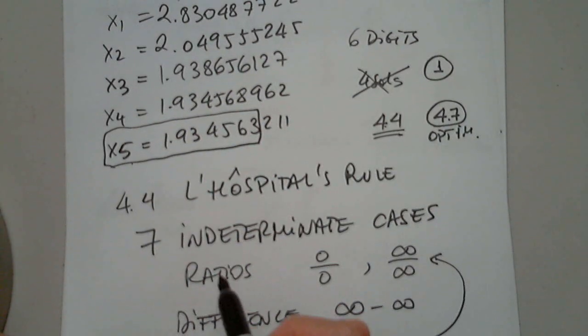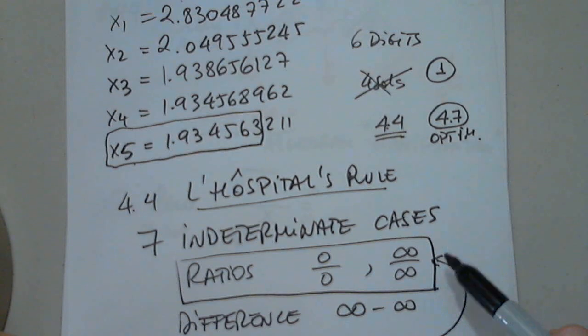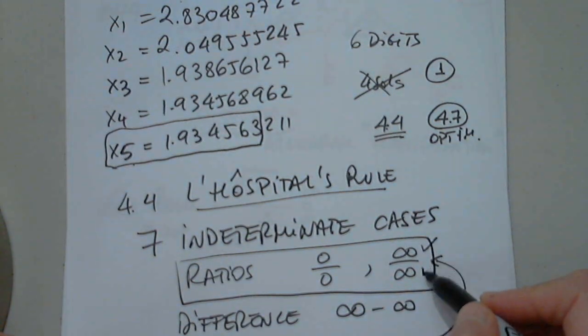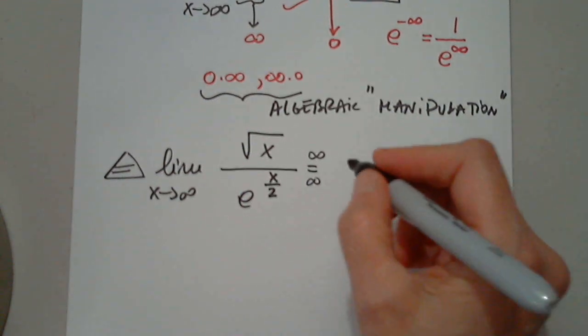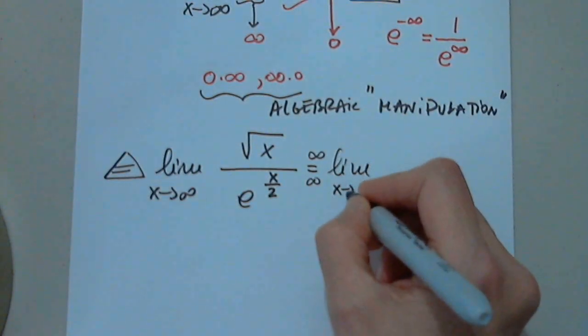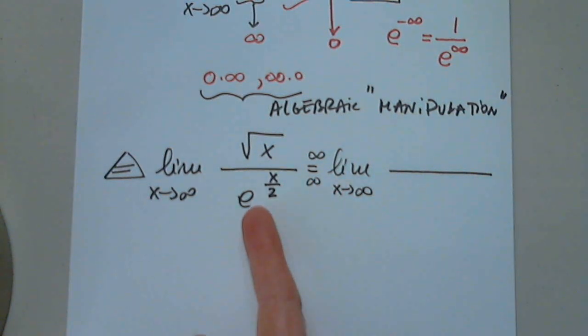And these are the only situations in which I can use L'Hopital's rule. So I got infinity over infinity. Yay! So if that's the case, then I'll say limit as x approaches infinity. Can anyone differentiate the top? And can anyone differentiate the denominator?